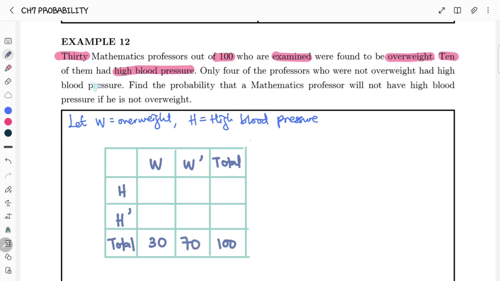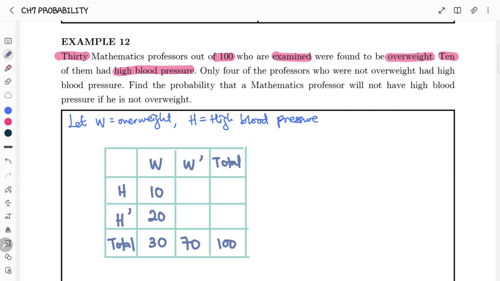So 10 of them had high blood pressure, 10 of the ones who are overweight. So them here refers to the ones who are overweight. So the ones who are overweight with high blood pressure is 10.